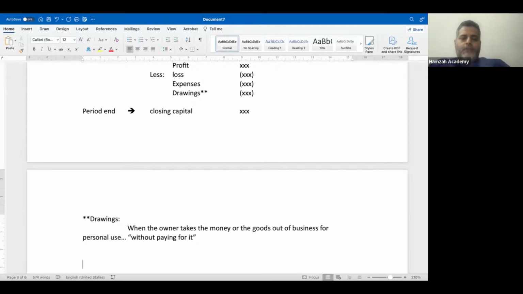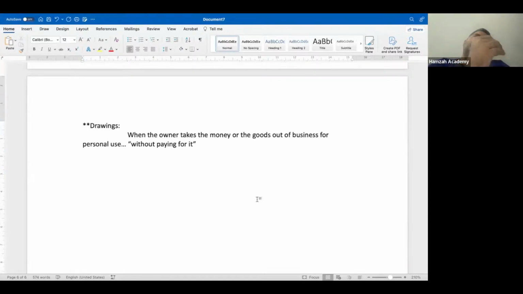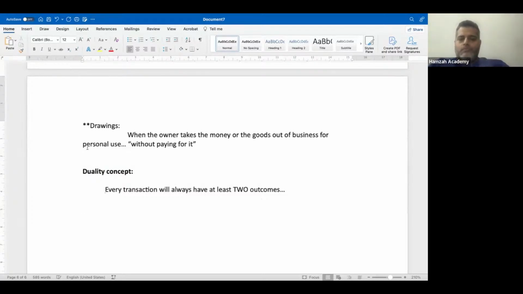Okay, now moving ahead from here, we have one more thing, and that is called the duality concept. A duality concept is that every transaction will always have at least two outcomes, right?